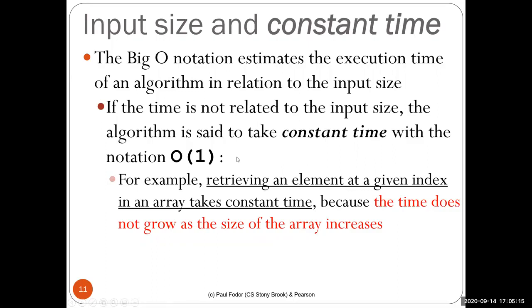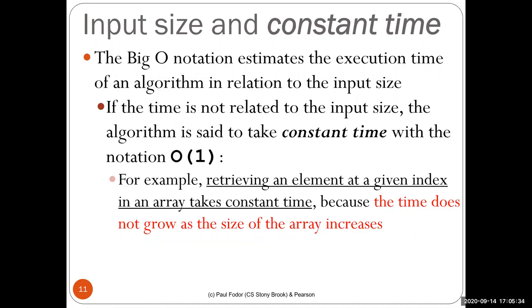Similarly, for retrieving an element at a given index in an array. Arrays are sequential structures where every element has the same size. So if you want to return an element at a given index, the number of steps that are executed is constant.